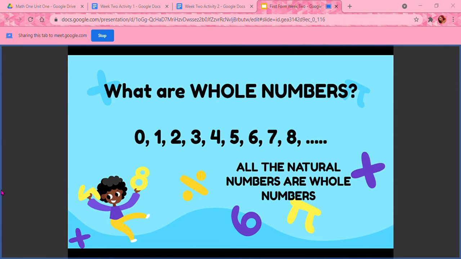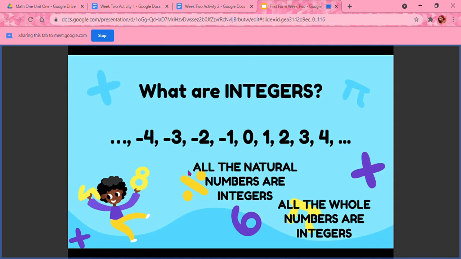Okay, sorry about that. So, moving on. What are integers? Integers are all the natural numbers, all the whole numbers, and the negative numbers. So these are -4, -3, -2, -1, 0, 1, 2, 3, 4. There are no decimals and no fractions.